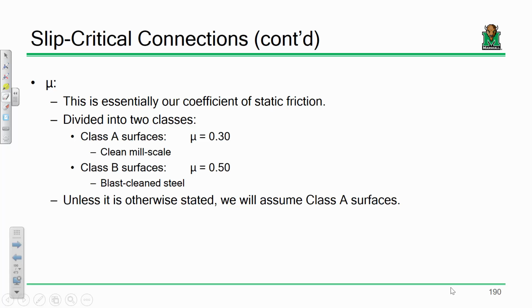Now, one thing I will tell you, and I'm going a little bit off on a tangent here, but I think this is important: these values are what are delineated by the specification. For instance, if you're designing bridges, you're using a different specification. The concepts and the theory are exactly the same, but maybe the bridge spec says we don't use 0.3, we use 0.32 or 0.33 or whatever.